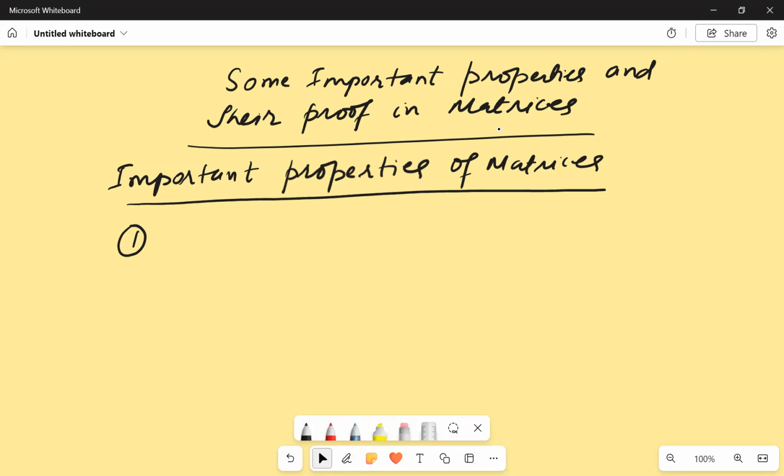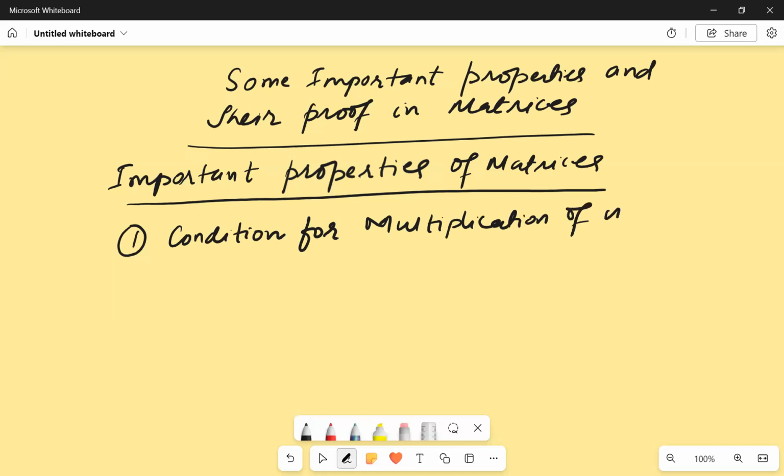So the first point is the condition for multiplication of two matrices.